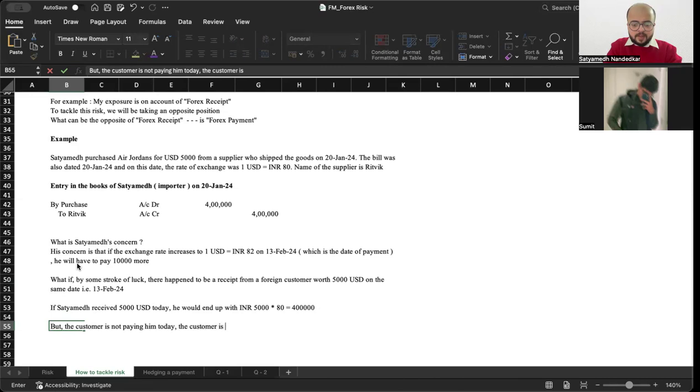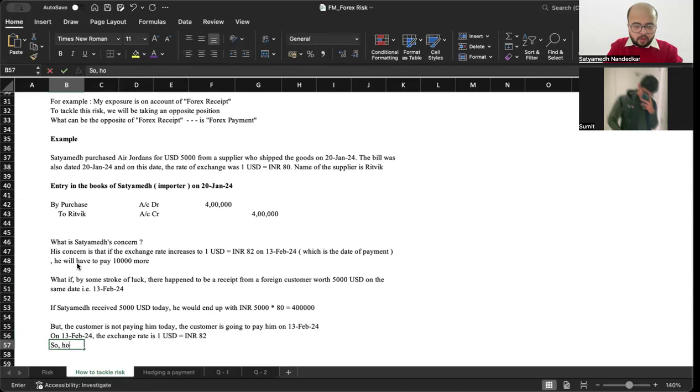The customer is going to pay him on 13th of Feb 24. On 13th of Feb 24, the exchange rate is $1 equal to INR 82. So how much will Satyamedh receive in INR terms? He will get 5,000 into 82, which is 4,10,000.